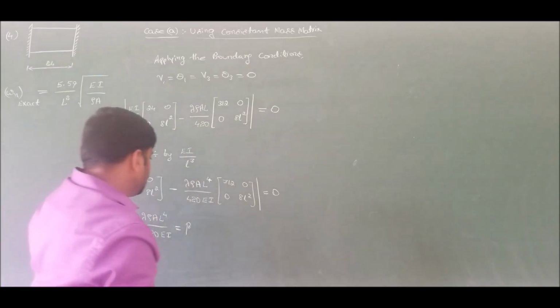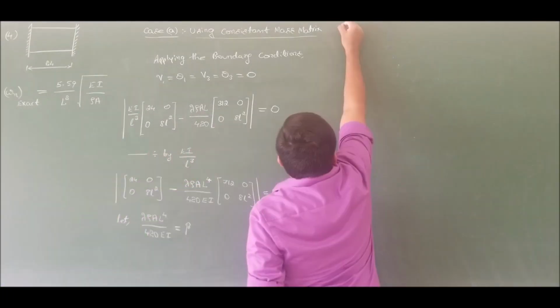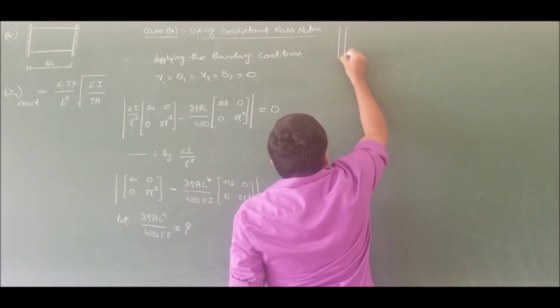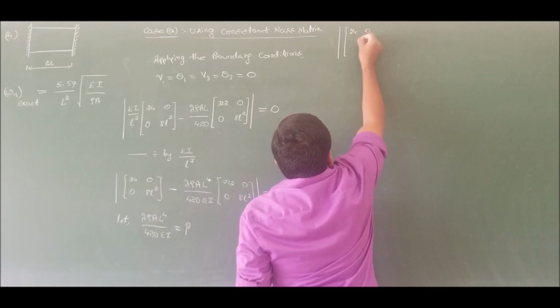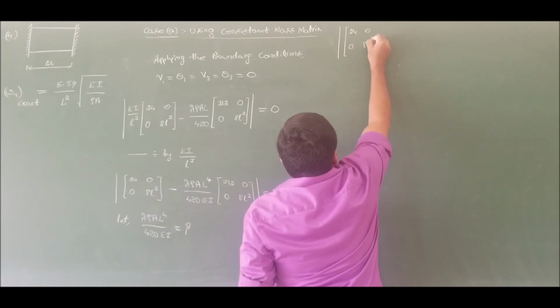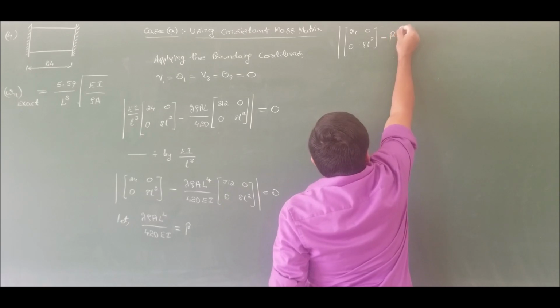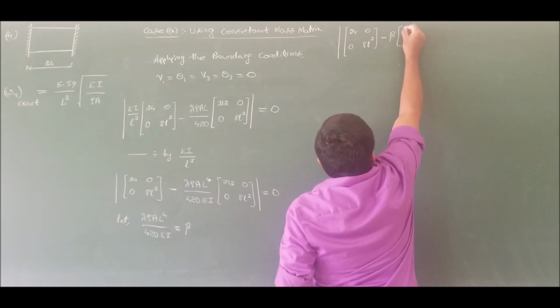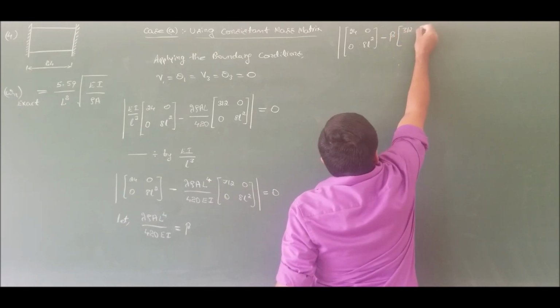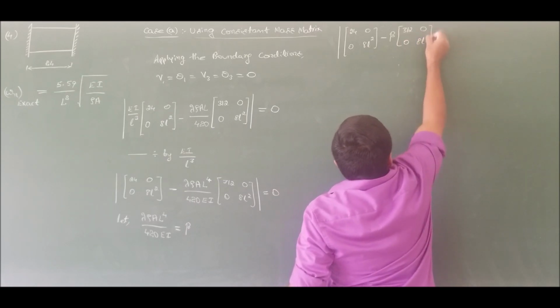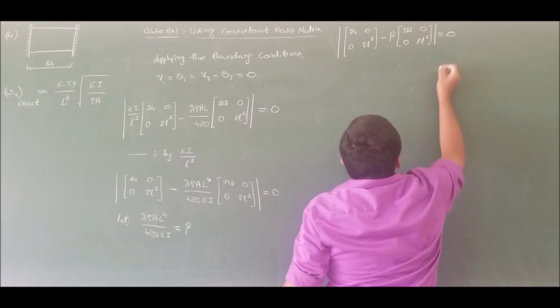Substituting and simplifying, I will get the equation as determinant of matrix of 24, 0, 0, 8L square minus beta times 312, 0, 0, 8L square must be equal to 0.